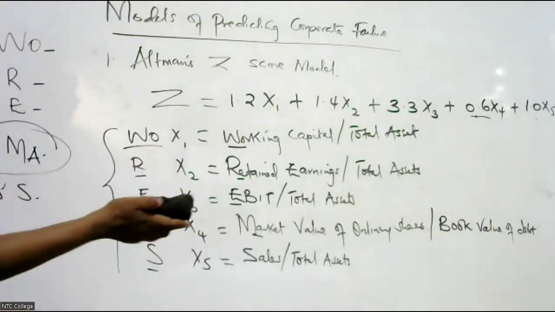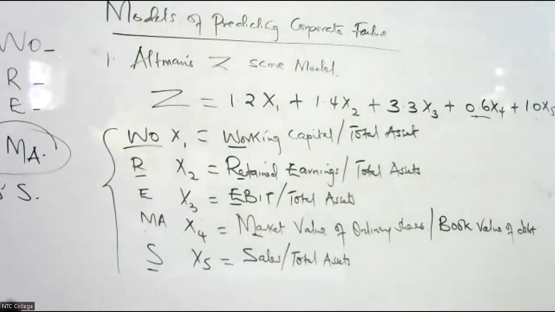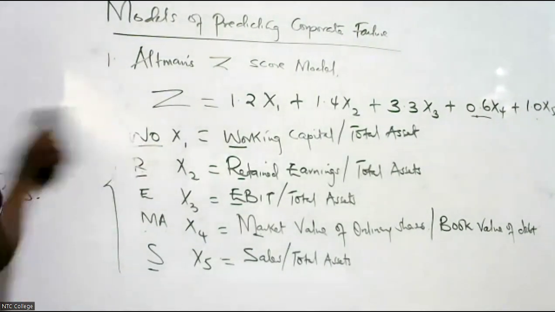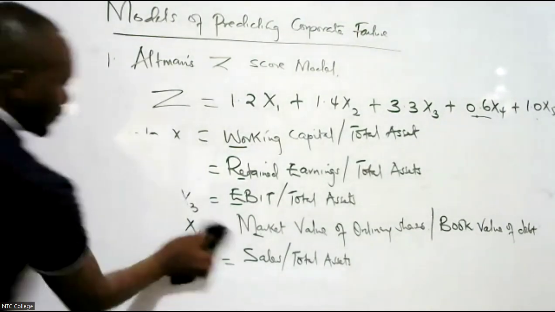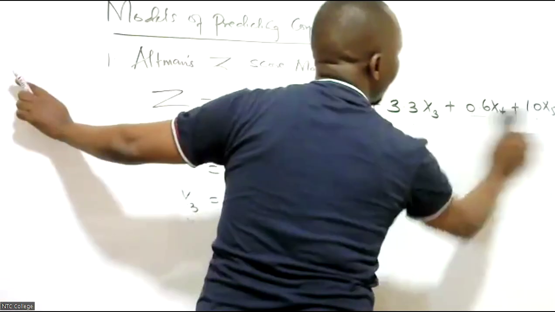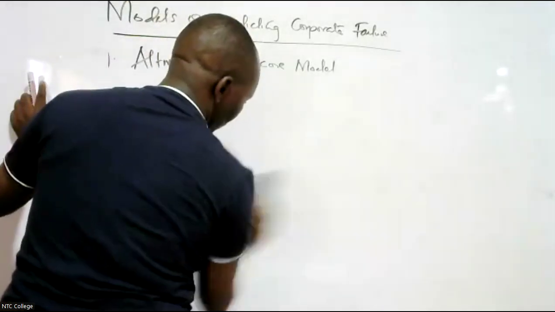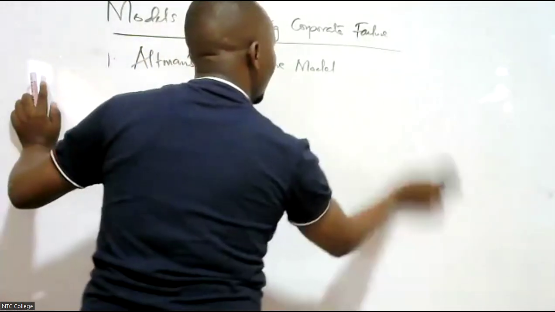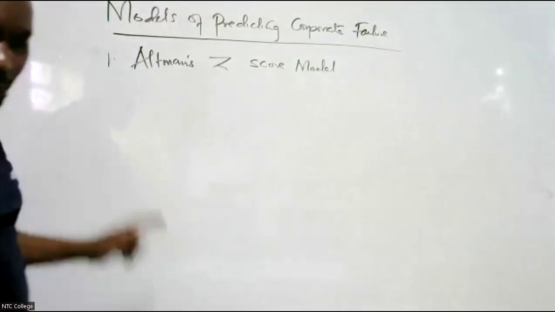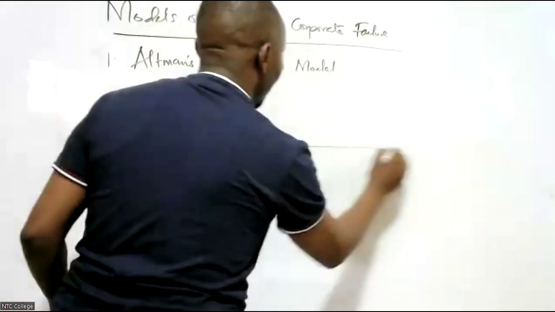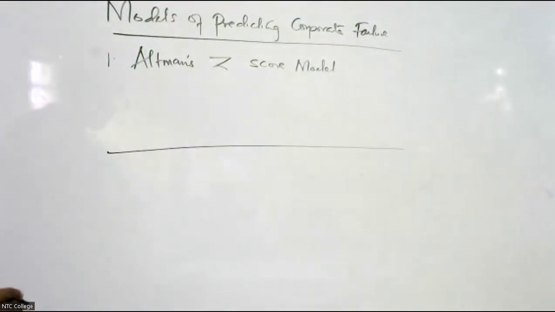I hope that you've written this. So how are you going to interpret it? Interpretation of the Z score. Z score has a scale.